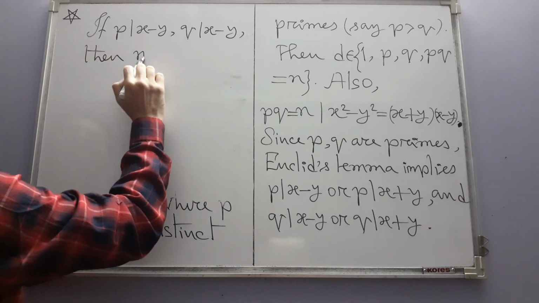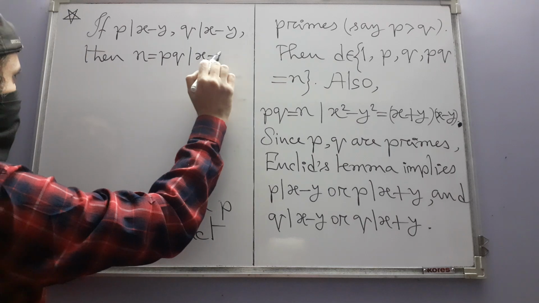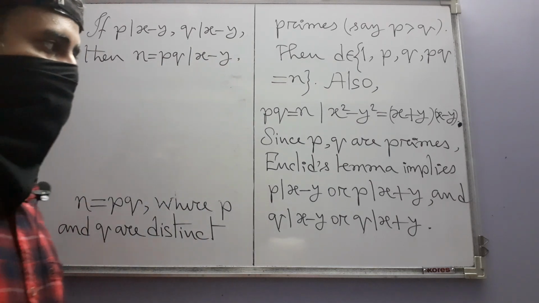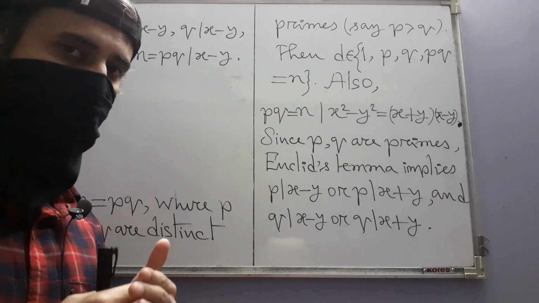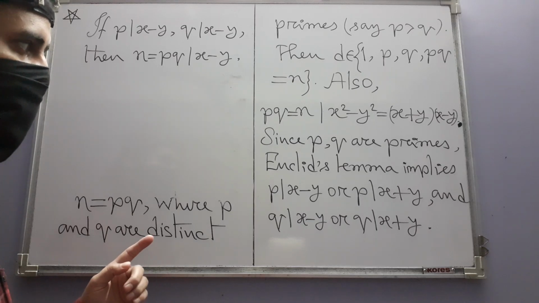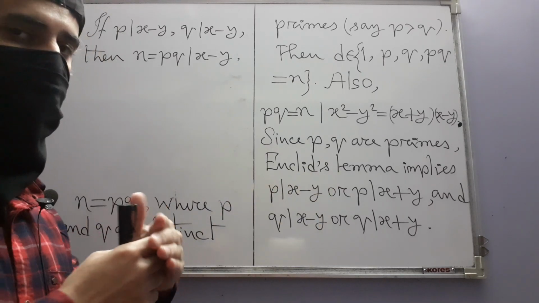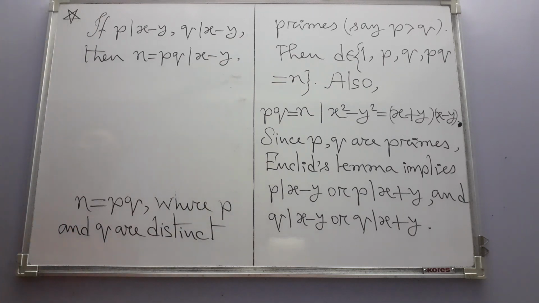Then PQ also divides x minus y. Why? Well, that's because P and Q are distinct primes, and so they are relatively prime. They are co-prime to each other. And a corollary to Euclid's lemma then tells us that their product also will divide that same integer, x minus y.